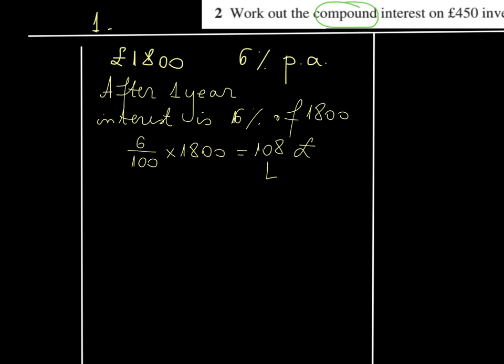This is just the interest. This is what the bank gives you, like as a gift, because you keep the money with them. And because it's simple interest, every year it is the same.